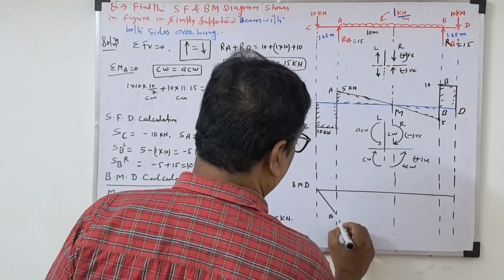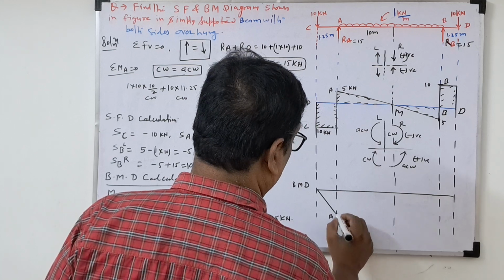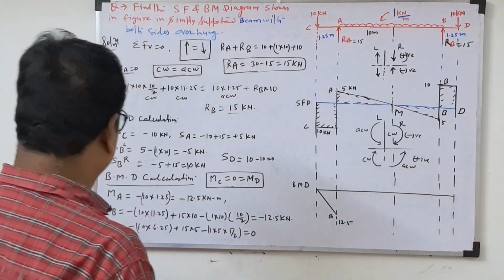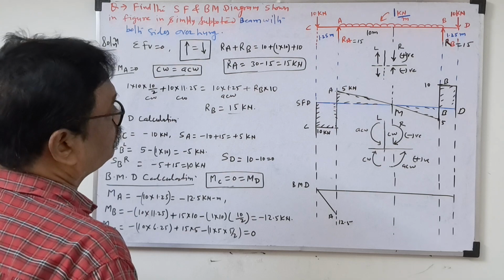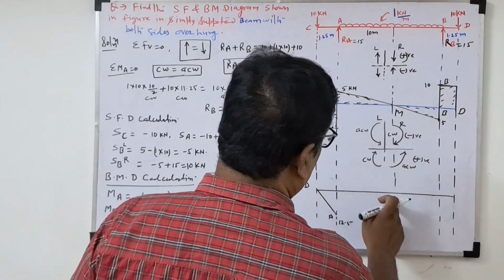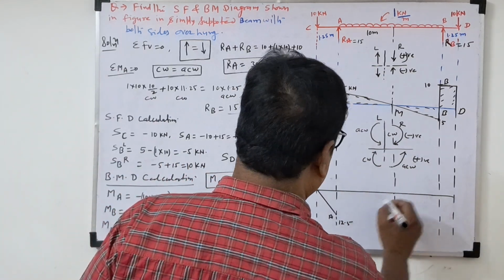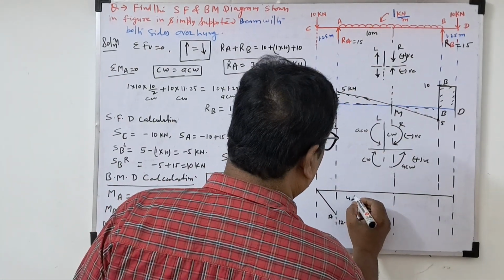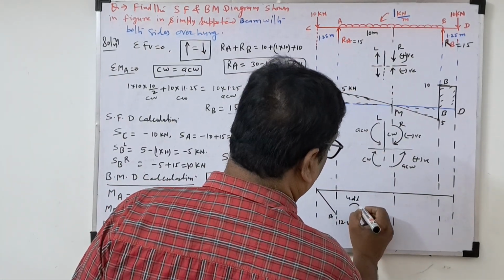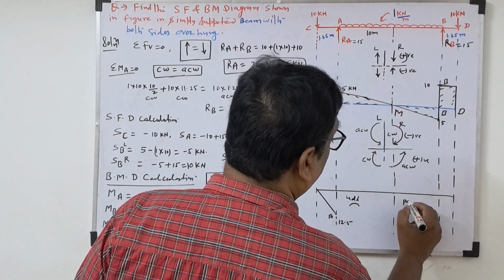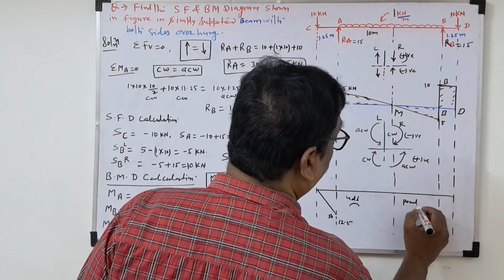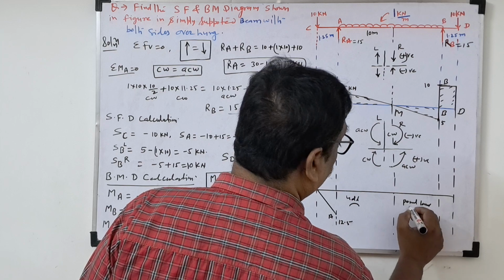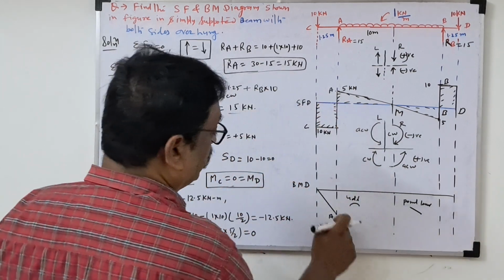So you can write here 12.5 at this point. Okay, next MB. So this point is 0, no? This point is 0. But here we have UDL. So once UDL is there, the line will be a curve line. Point load will be there, then this is the inclined line. So for point load, an inclined line.